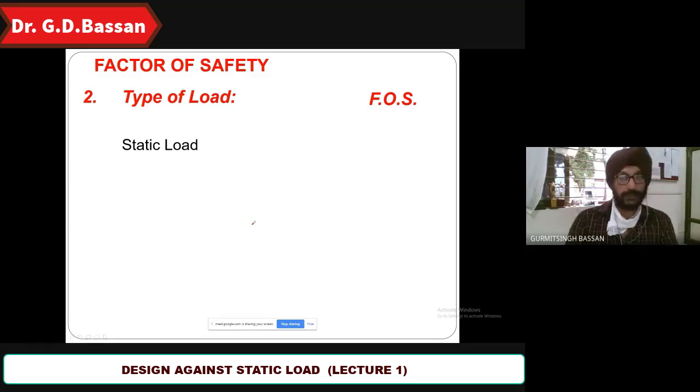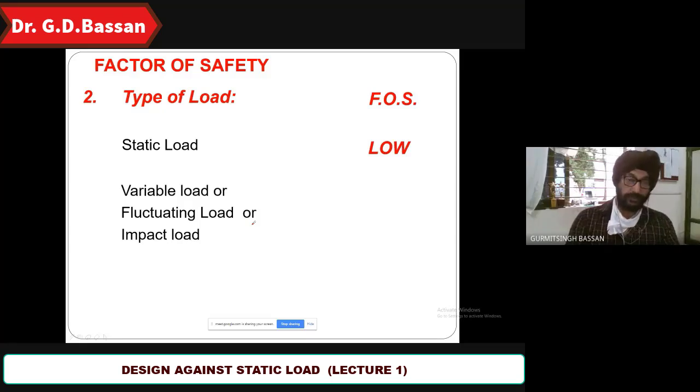In that condition, we take the factor of safety as low. In another load, that is a variable load, fluctuating load, or impact load, you have to take the factor of safety as high, because you cannot find the exact amount of force or load which works on the particular machine or element. So in that condition, we have to consider the factor of safety as high.